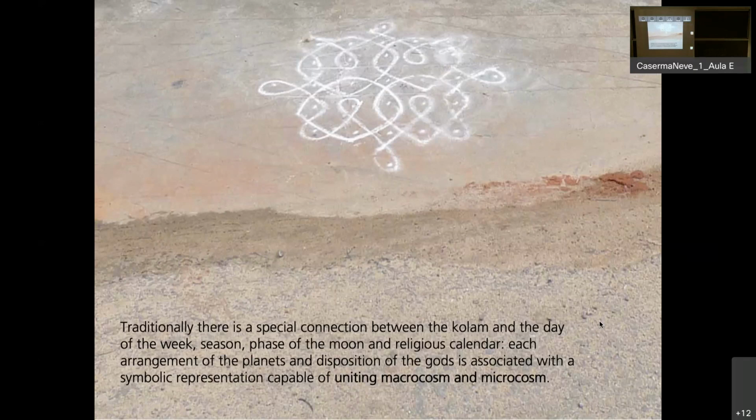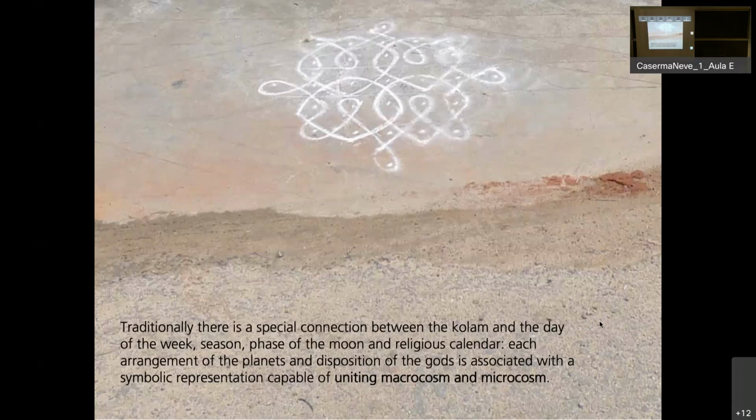So it's quite linked also to the practice of doing it, the very act of doing is part of the propitiatory ritual, that is part of the habit of the kolam. Traditionally, there is a special connection between the kolam and the day of the week, season, phase of the moon, religious calendar. Each arrangement of the planets and disposition of the gods is associated with a symbolic representation capable of uniting macrocosm and microcosm.